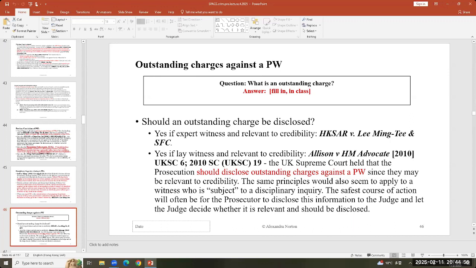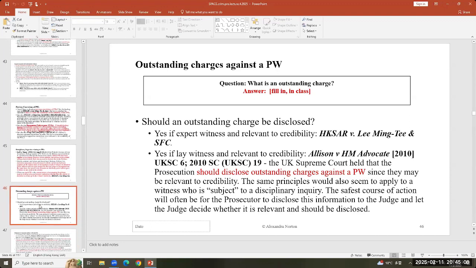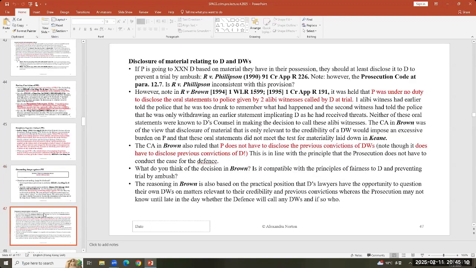But if in doubt, perhaps to avoid a situation where a conviction is overturned on appeal because of a failure to disclose relevant material information, it may be safer for the prosecution to inform the defense that this witness is undergoing an inquiry or does have an outstanding charge, but they don't think it's relevant. Let's leave it for the judge to decide.